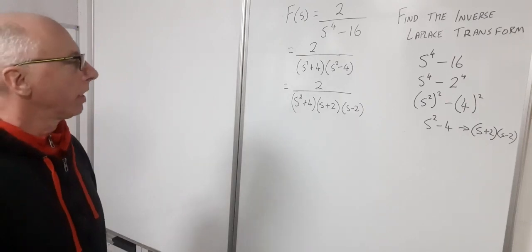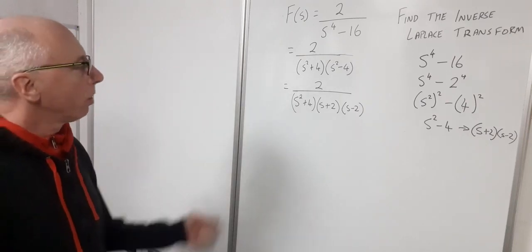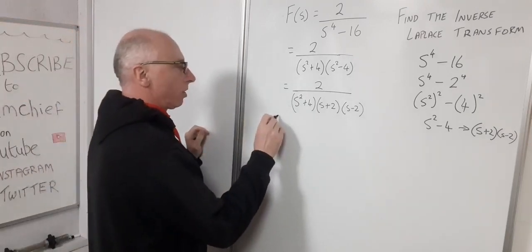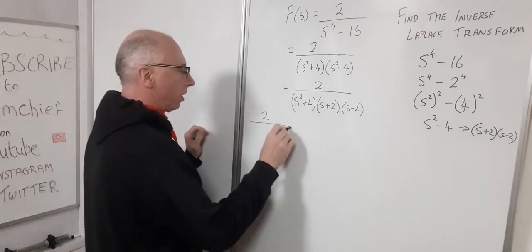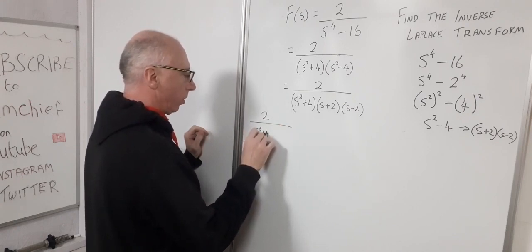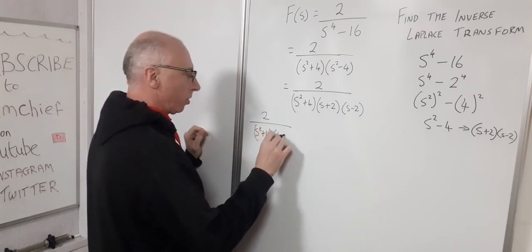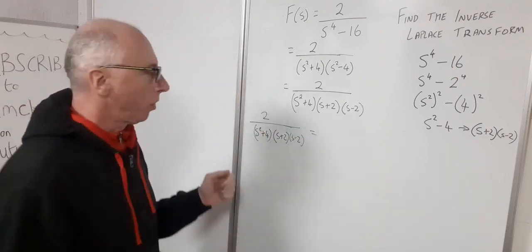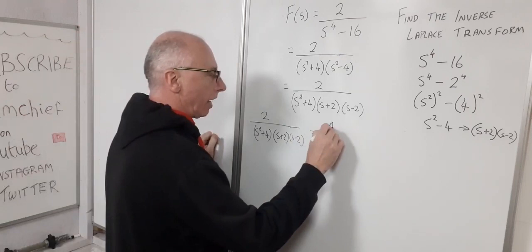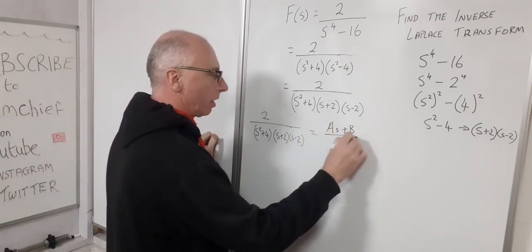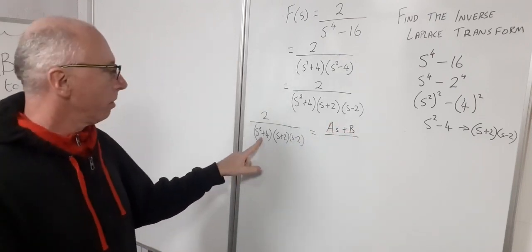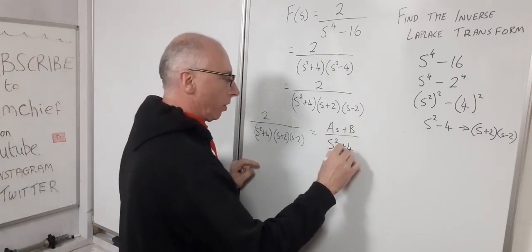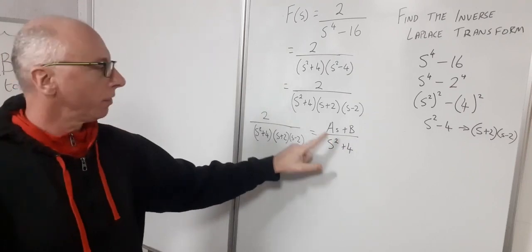Okay, now partial fraction decomposition will definitely work here. So the setup for 2 over s squared plus 4, s plus 2, s minus 2 is going to be in some sort of format of As plus B over s squared plus 4, because s squared plus 4 is a quadratic and the numerator is a linear term.